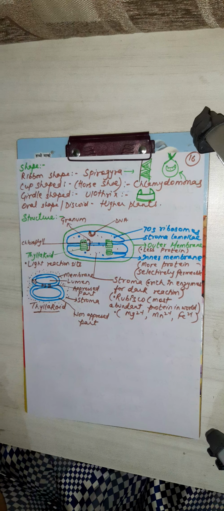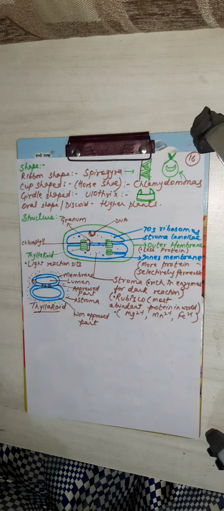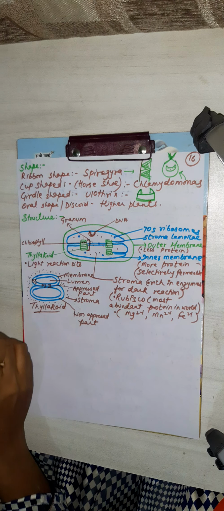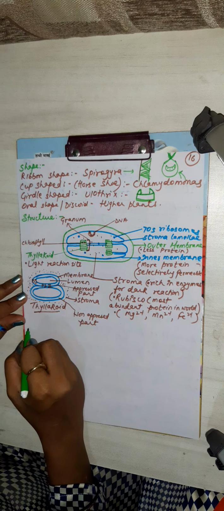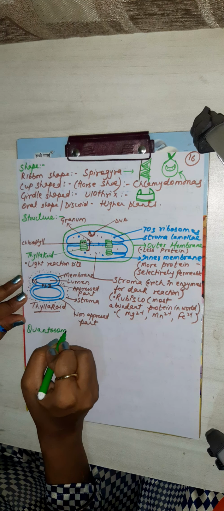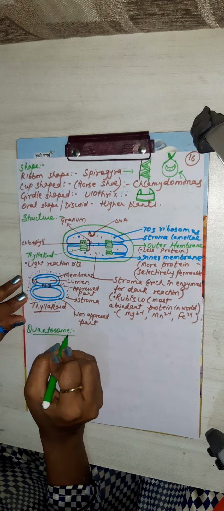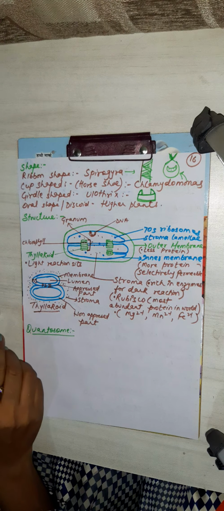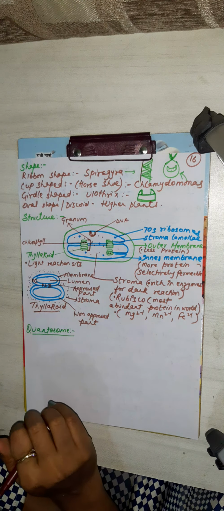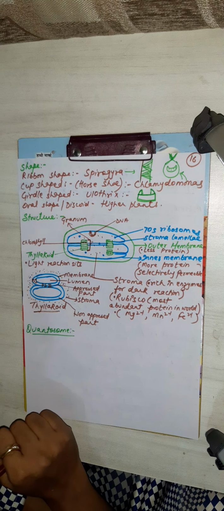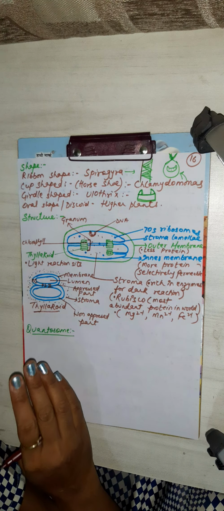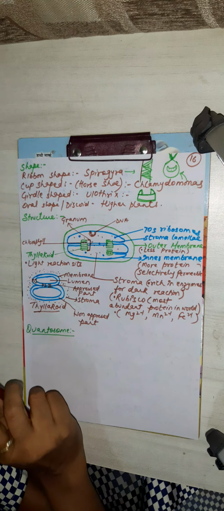Now come to the term, in thylakoid there are also quantosomes. What is quantosome? Quantosomes form pigment systems, or we can say pigments are found in the form of quantosomes.